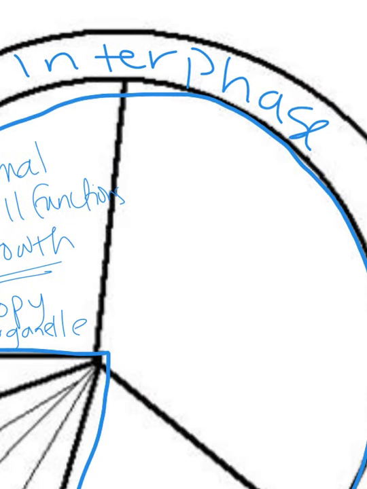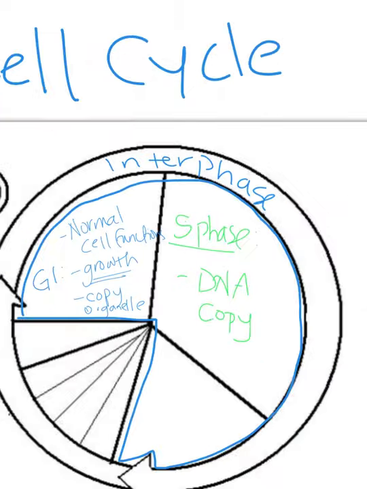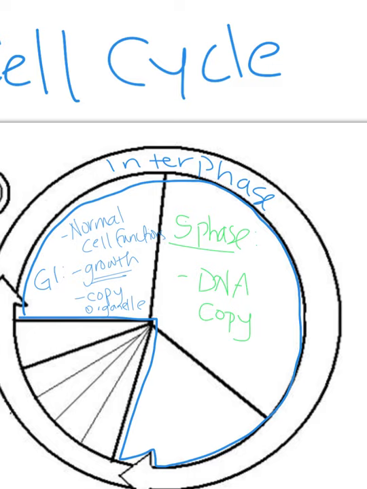After G1, we head into the next phase, which is the S phase, and we synthesize, or copy, our DNA. I want to go back and also apply what we've been talking about with our genetic material.